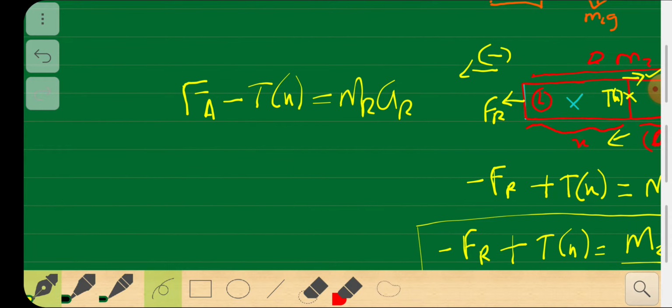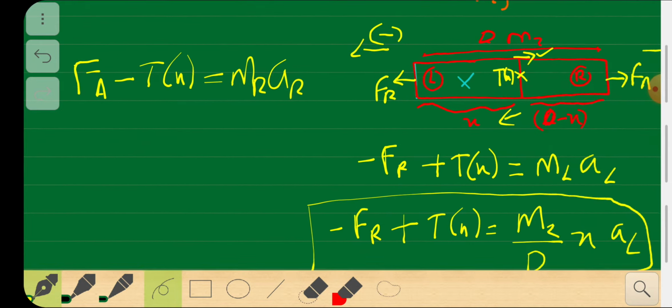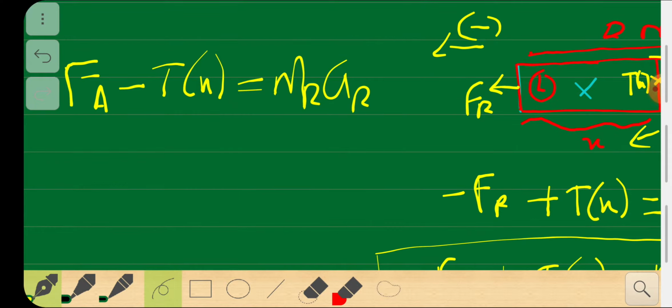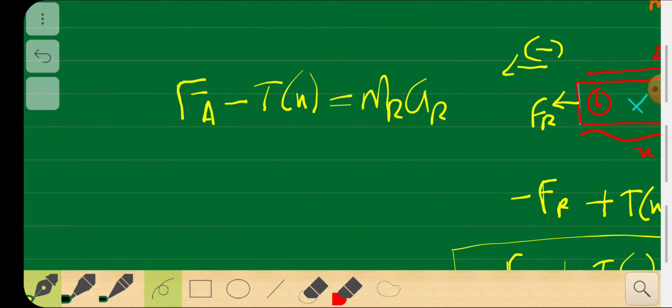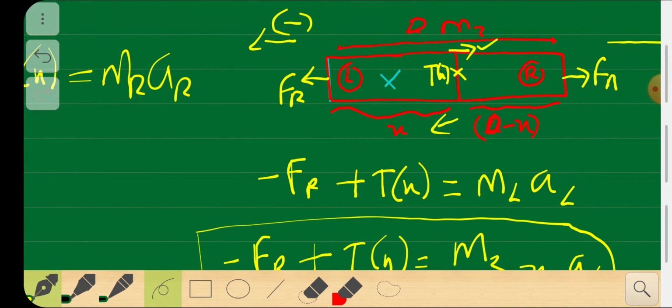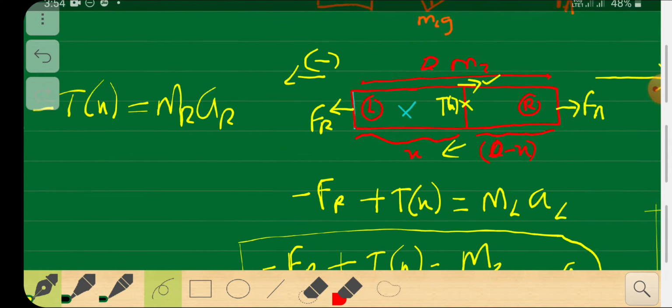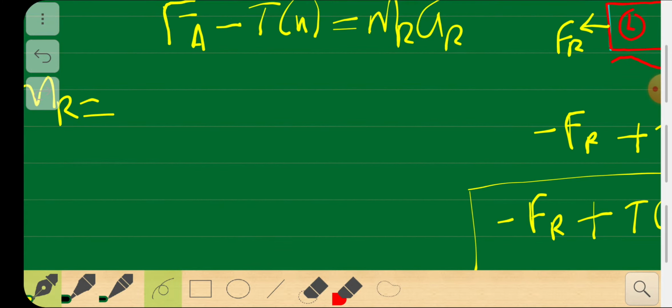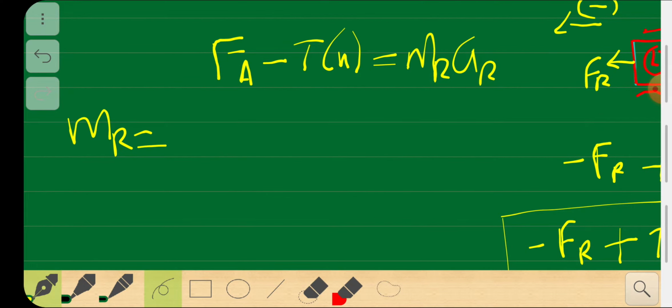Now what you can do is find the mass of the right side. What is the mass of the right side? It will be the total mass divided by the total length, which is m2 by d, times d minus x, the same as what we did before. So the mass is m2 by d times d minus x.